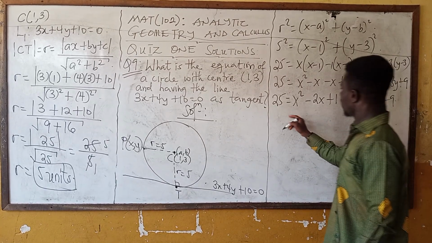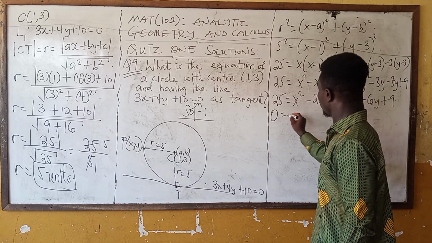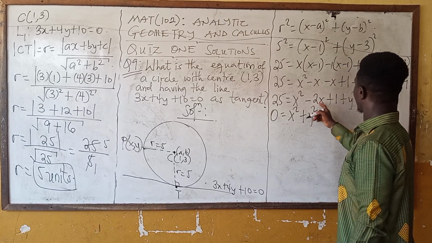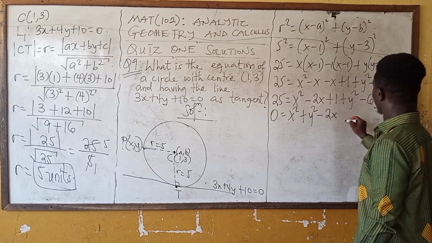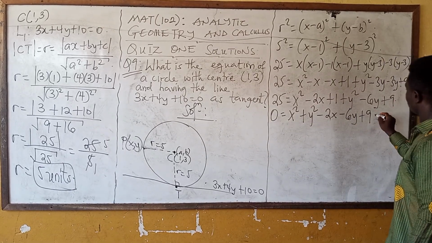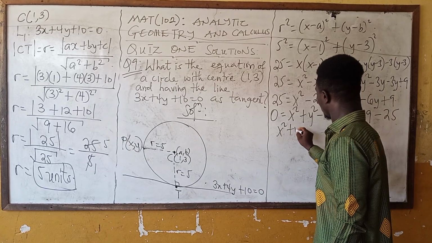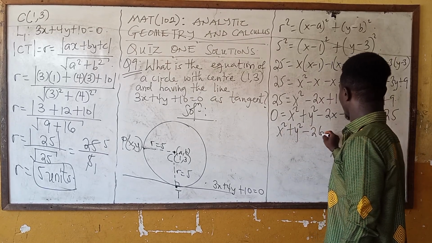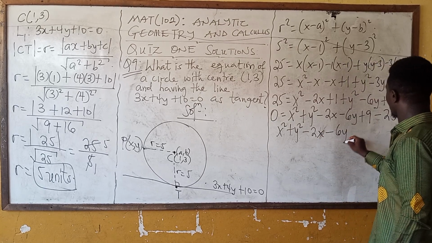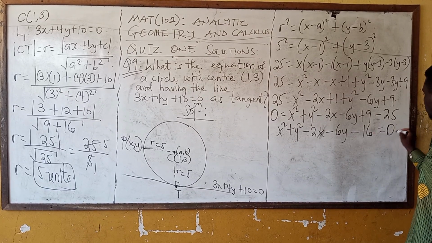Right, so let's bring this 25 to our right hand side. So we get 0 equal to x squared plus y squared minus 2x minus 6y, then plus 9 minus 25. x squared plus y squared minus 2x, sorry, minus 2x minus 6y, then we have negative 16, equals 0.